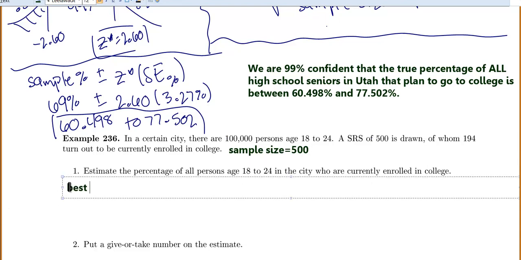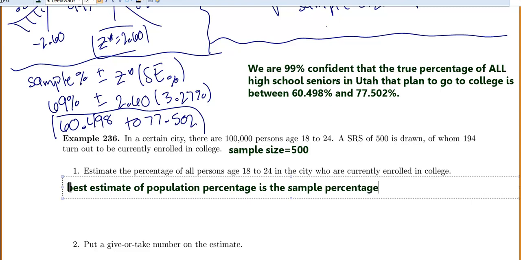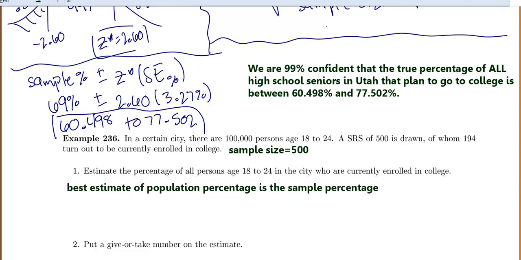So our best estimate of the population percentage is the sample percentage. And our sample percentage is 194 out of our sample size of 500.